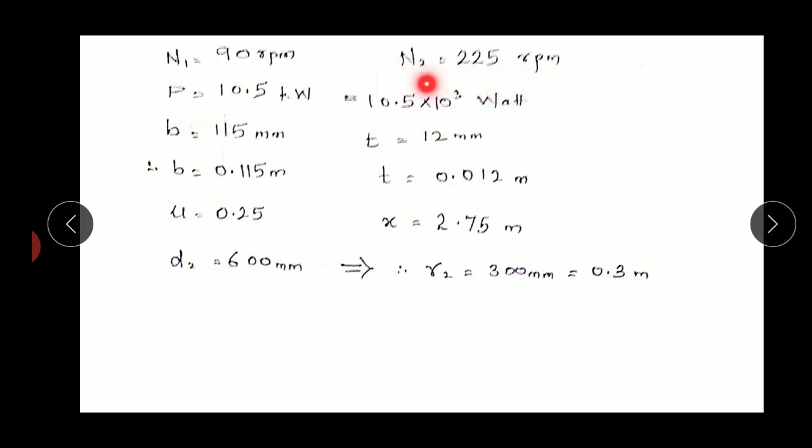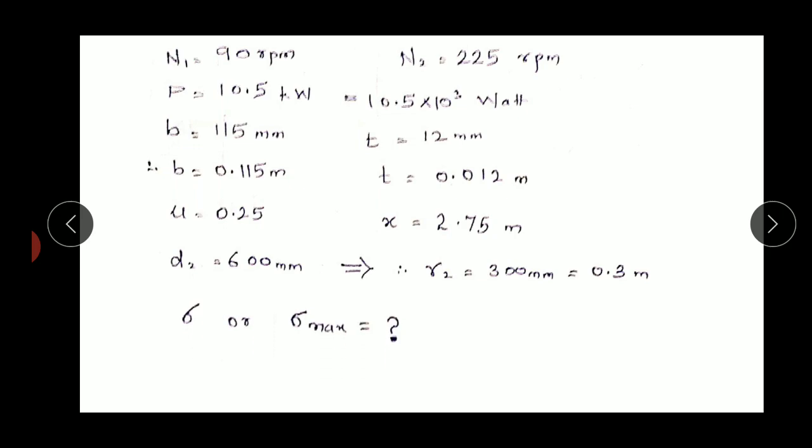As the driven pulley is running at a higher speed, that indicates that it is the pulley with lesser diameter. So the pulley with the least diameter is 600 mm, that's why it is D2 instead of taking it as D1. So we have to find R2 based on D2, so it is half of D2, that is 0.3 meters, and we have to find sigma, that is stress.